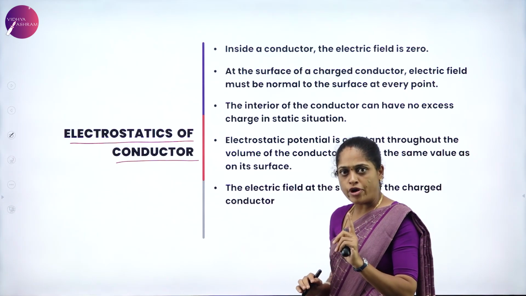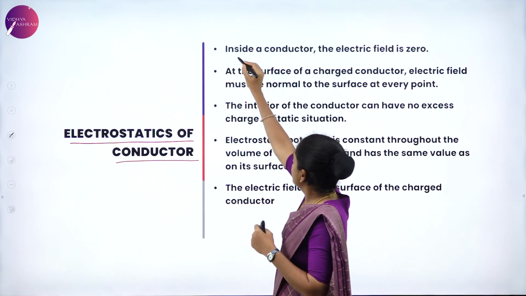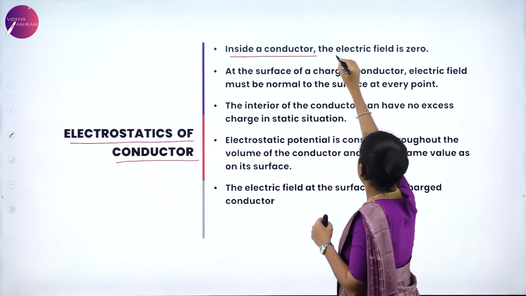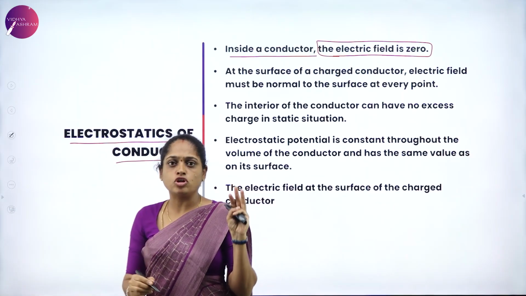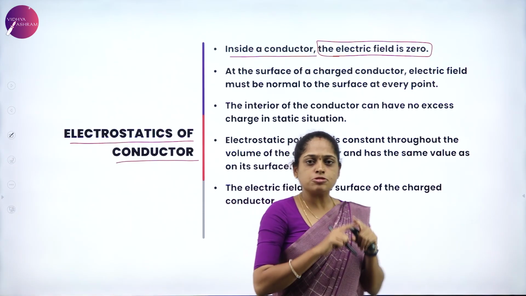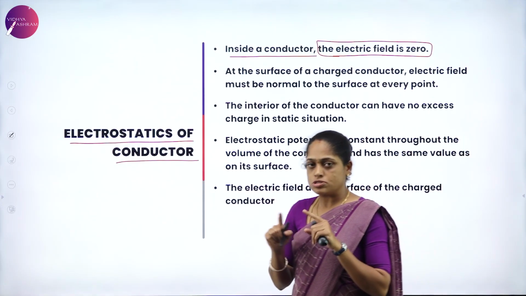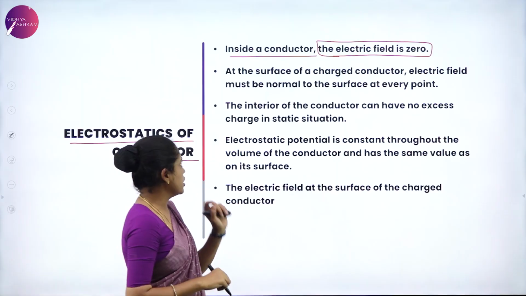So the first point in chapter 1 is, inside a conductor, the electric field is 0. This is the third application of Gauss law, where you have proved that inside the spherical conductor or spherical shell, the electric field is 0.